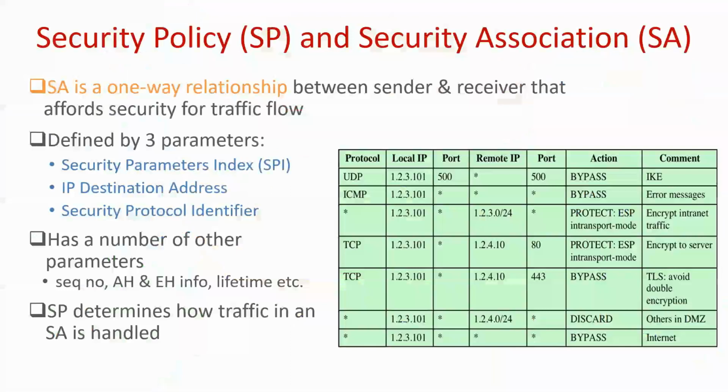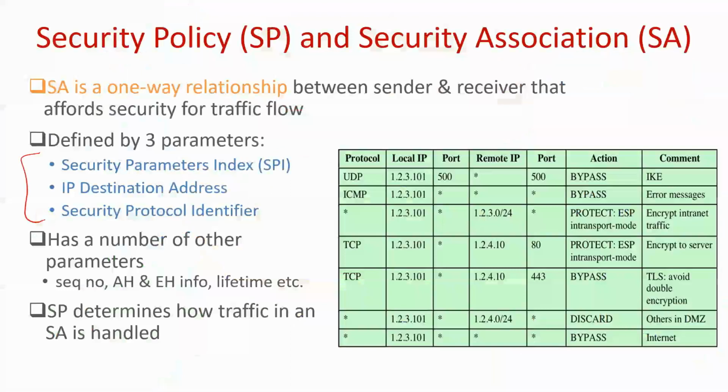Okay. Now, a key feature or a key part of the IP security protocol is what are called security policy and security association. We have already talked about a security association briefly, which is basically just the one-way relationship between a sender and a receiver. And the security association is identified by three parameters. The IP address of the destination is the key parameter in this case.